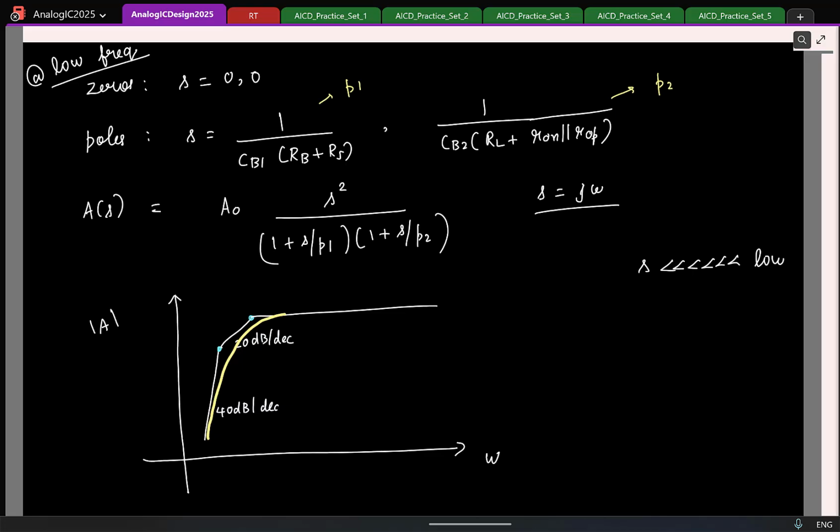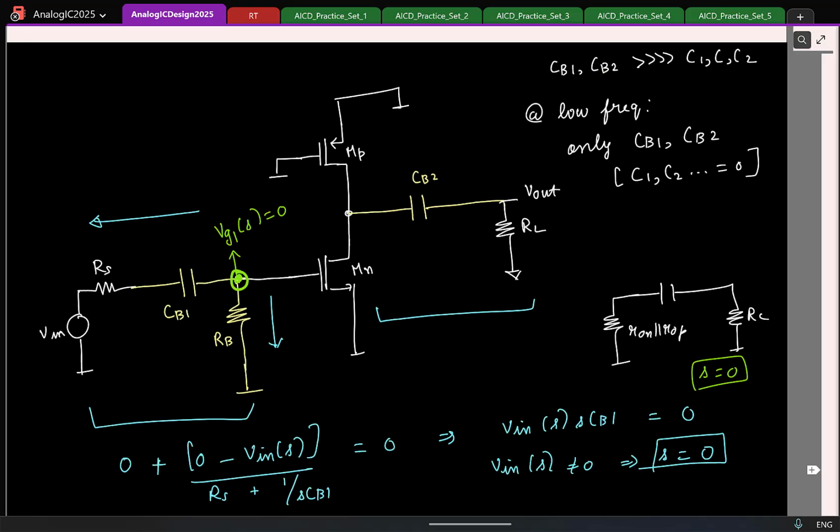Again, this should not be surprising, because remember, we wanted to make sure that the capacitors... how do you choose the value of the capacitors actually? How do you determine what is large? Let's say I give you the minimum frequency of the signal. How do you find it? 1 by omega into the equivalent resistance seen by the capacitance, correct?